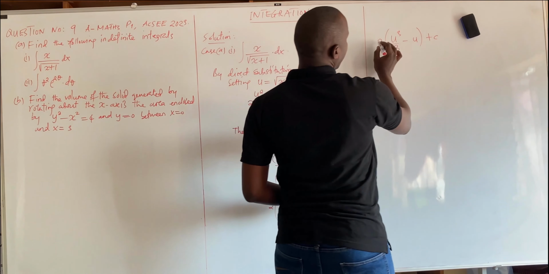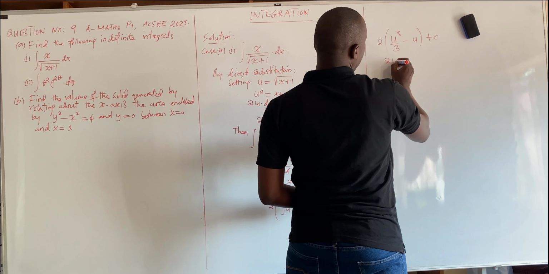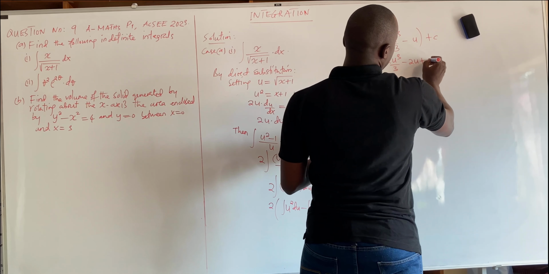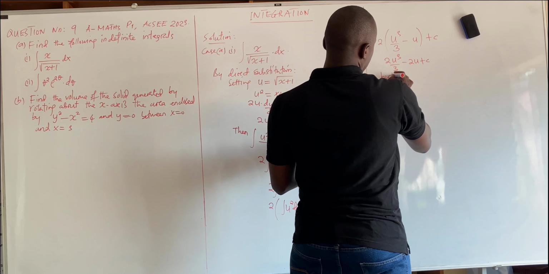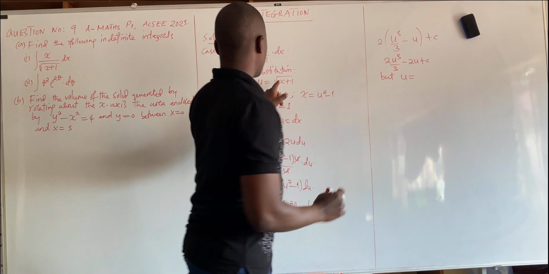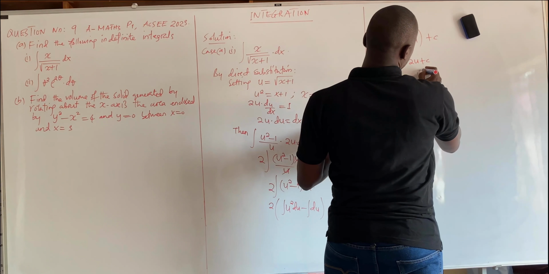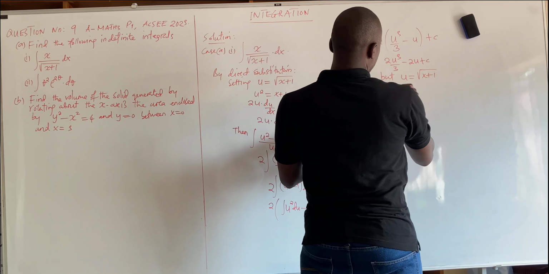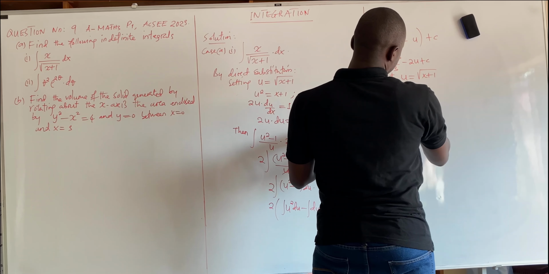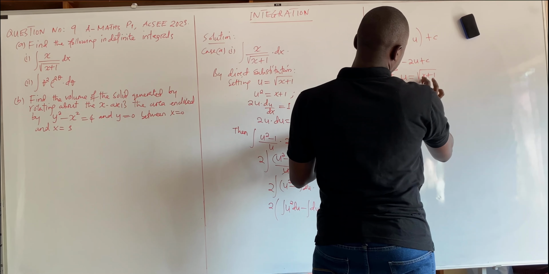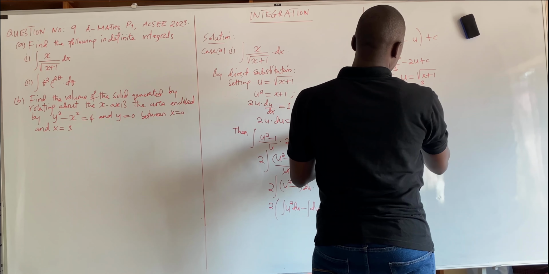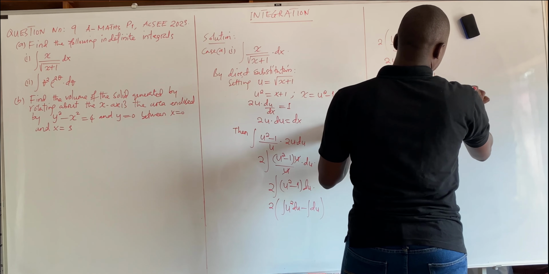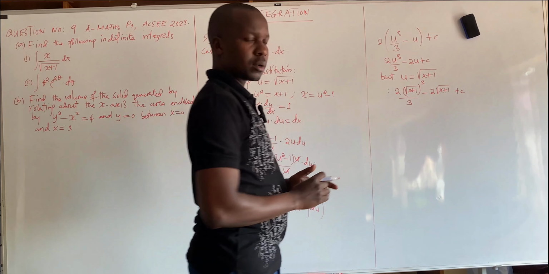From there, we can take the 2 inside, so it becomes 2u cubed over 3 minus 2u plus c. But remember, u was the square root of x plus 1. So we have 2 times x plus 1 all cubed over 3, minus 2 times the square root of x plus 1, plus the constant c.